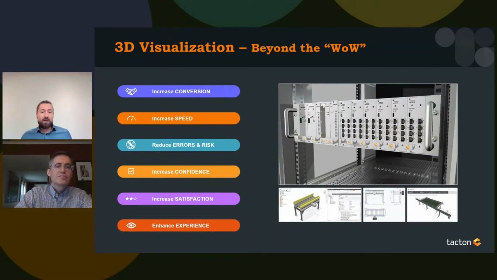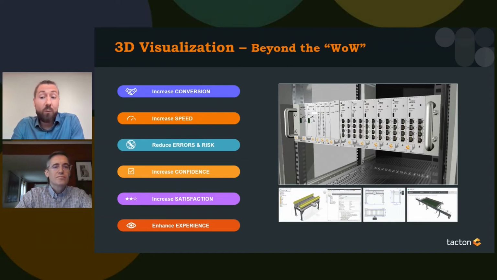To summarize, the inherent benefits and values 3D visualization can offer beyond the wow factor add to the most common reasons why you are already investing in CPQ. This is why you should extend your CPQ experience with visualization: not only because of the wow effect, but to get even more out of your CPQ implementation.